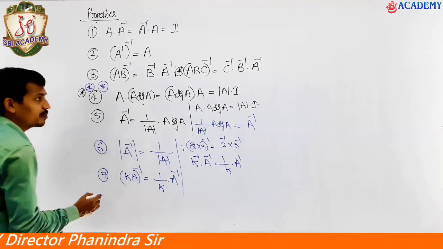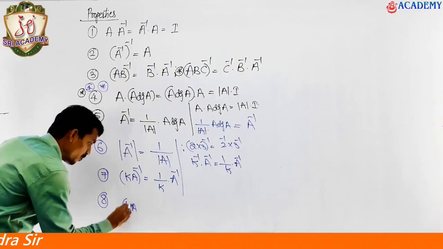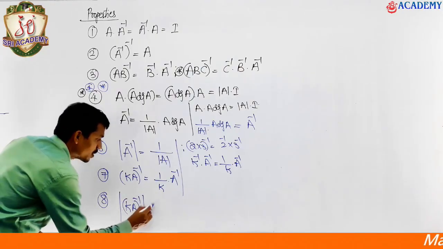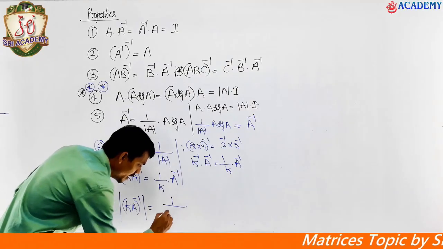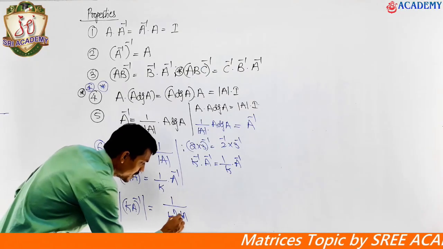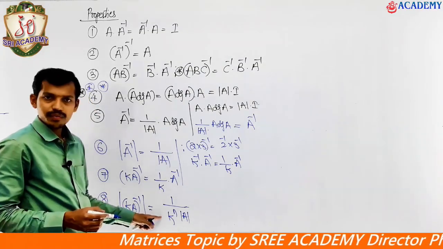Same thing, one more very important: determinant of (kA) whole inverse equals 1 by k power n into determinant of A. Always determinant is a number, it is also a number.